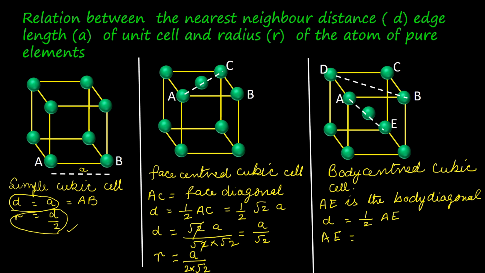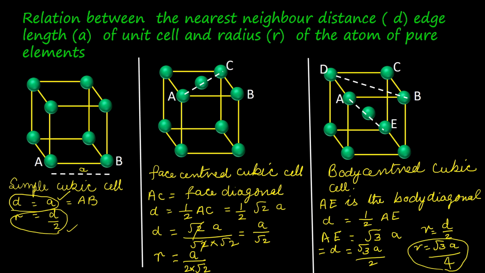We already know that body diagonal is equal to root 3 a. Click the I button and clear your doubts regarding this if you have any. So d is equal to root 3 a divided by 2. r is equal to d by 2 equal to root 3 a by 2 into 2 equal to 4. That is root 3 a by 4.